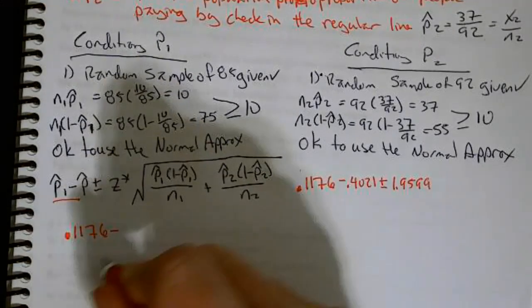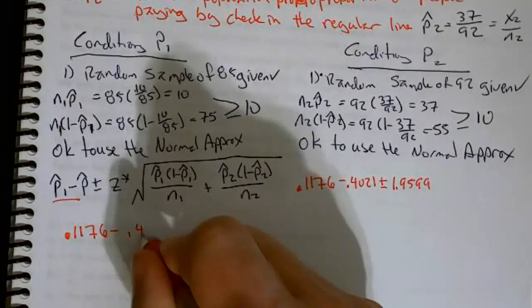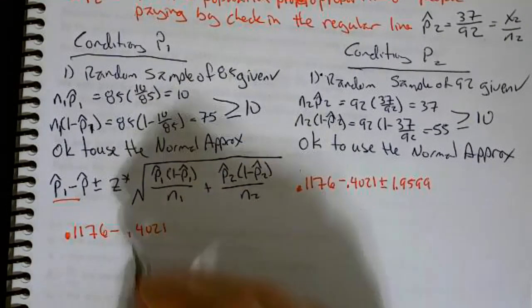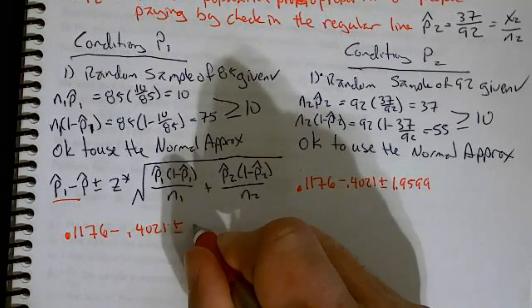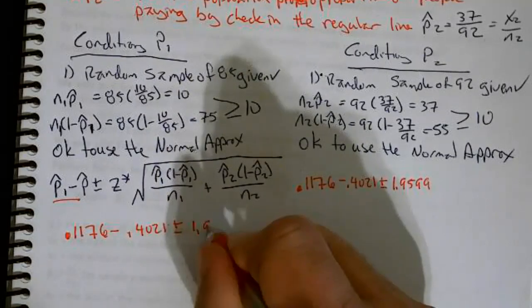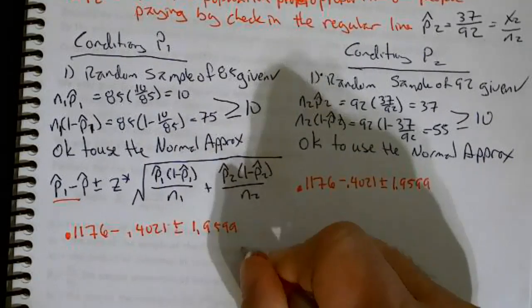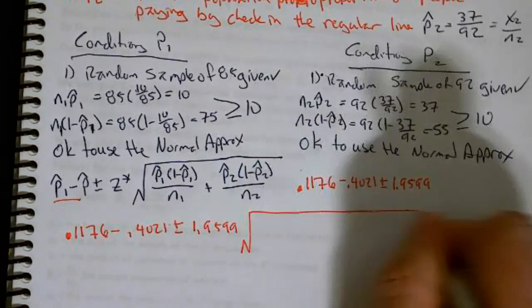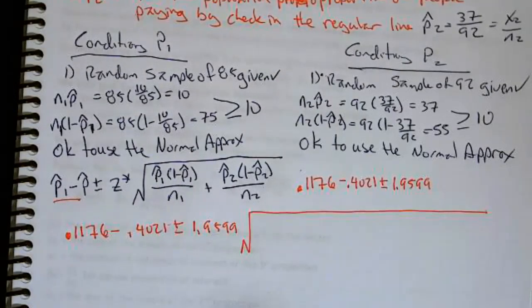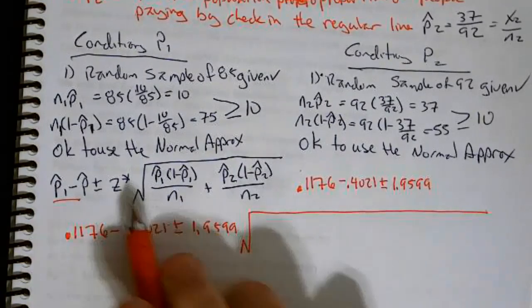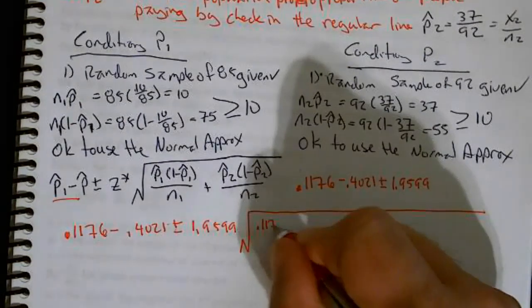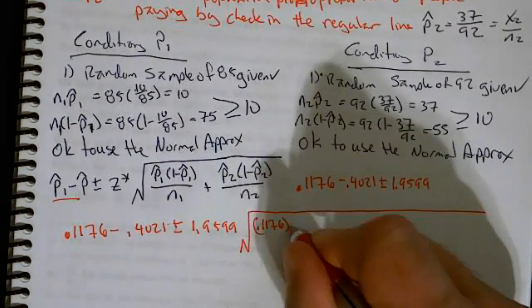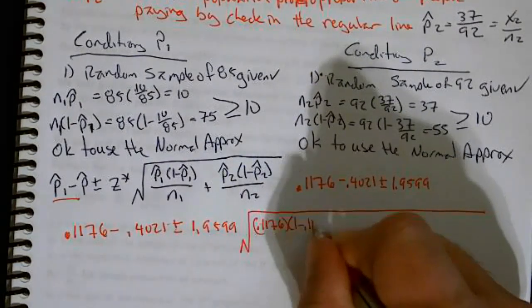0.1176 minus 0.4021 plus or minus the z star 1.9599. Then I get to make this really long radical and put everything in there. Well, p hat 1 is 0.1176, so 0.1176 times 1 minus 0.1176.